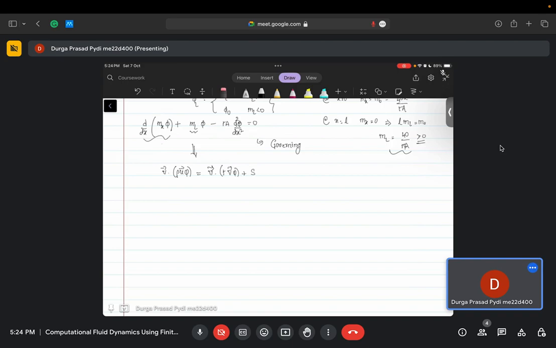Out of these three, one of them is advective, one of them is the diffusive term, and the other one is basically the source term. Which one of them matches with which? If we compare equation 1 and 2, how do we map these terms with our general scalar transport equation?